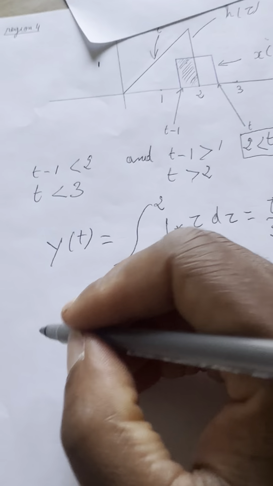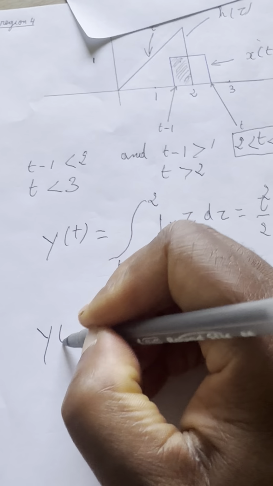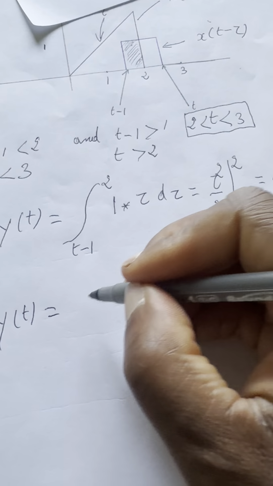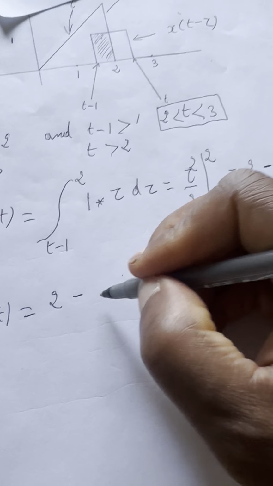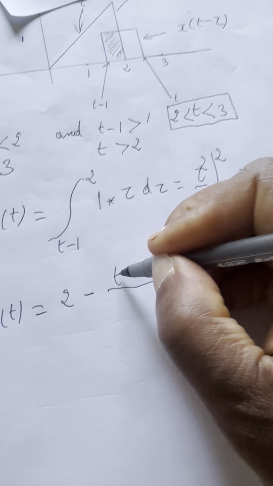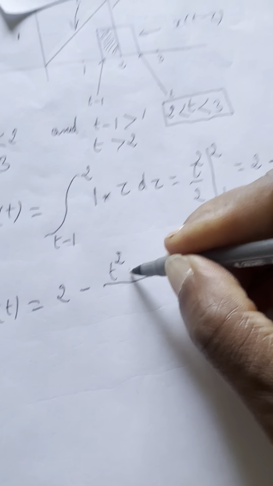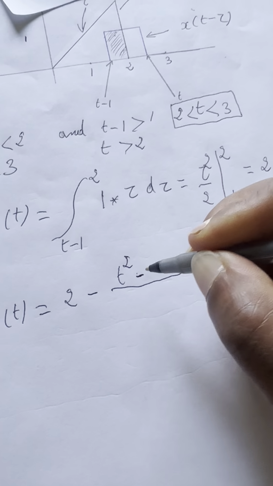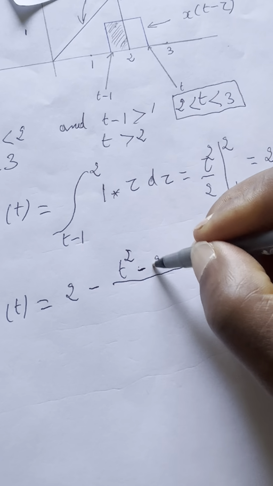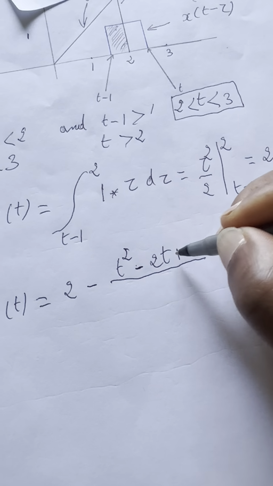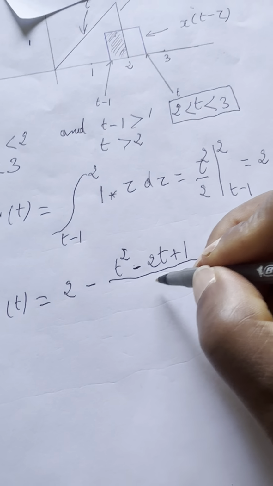So write down here y(t) equals 2 minus (t squared minus 2t plus 1) by 2.